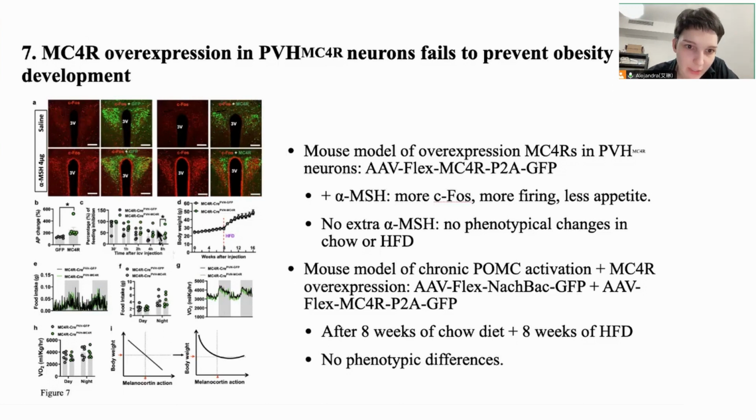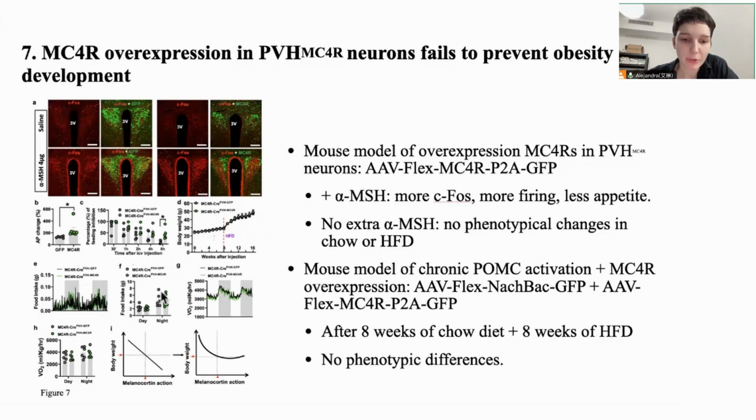The figure is this one. There is no difference in body weight, including no alterations in feeding, which is figures E and F, or energy expenditure. MC4R neurons in the forms of increased neuron activity or overexpression of MC4R both failed to reduce body weight on chow or prevent obesity on high-fat diet.